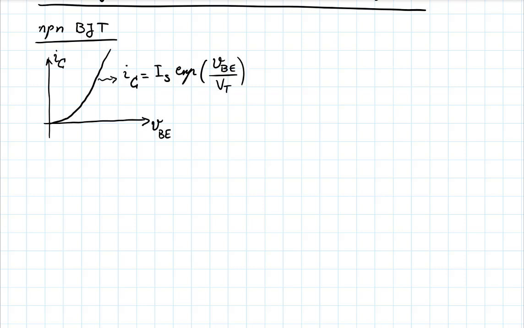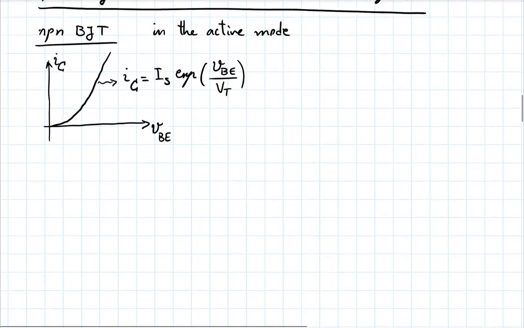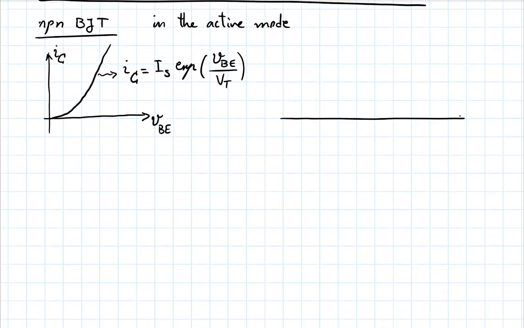This VT being thermal voltage, this was an exponential behavior. And this is when the transistor is in the active mode. Which corresponds to this range on the VCE scale.